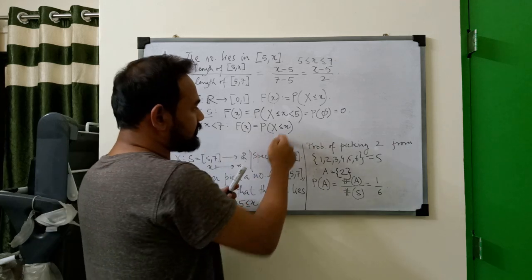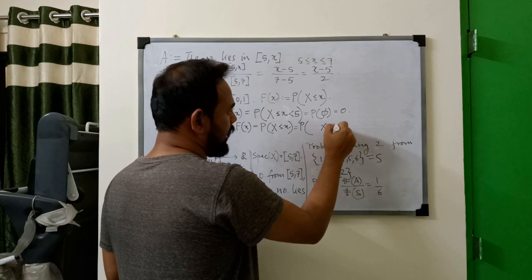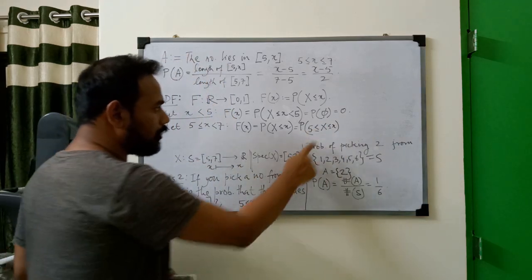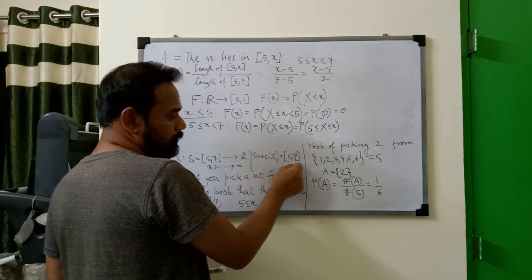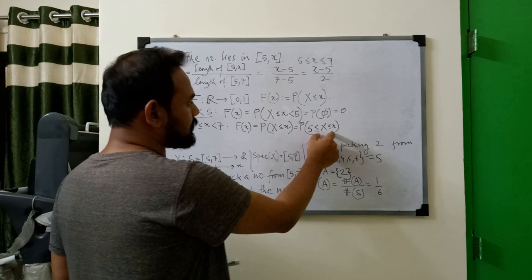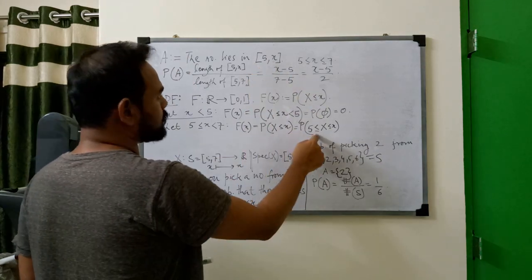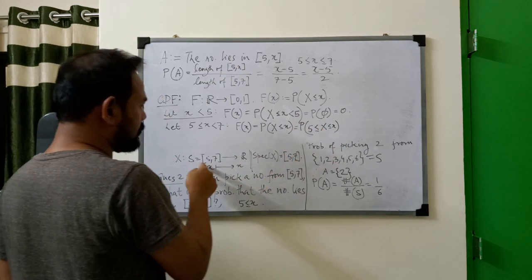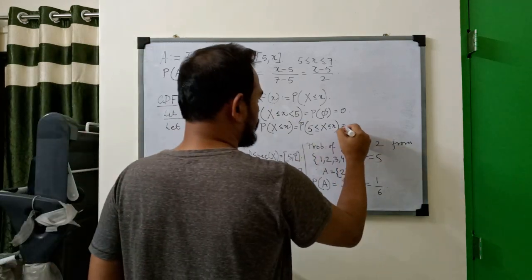So when I say X less than equal to x, of course it has to be more than 5, because all values of capital X, the image of X spectrum, will be between 5 and 7. So what's this? This is this interval, 5 to x. What's the possibility that you pick a number between 5 and x? Because X is about picking numbers. And this really is this event A.